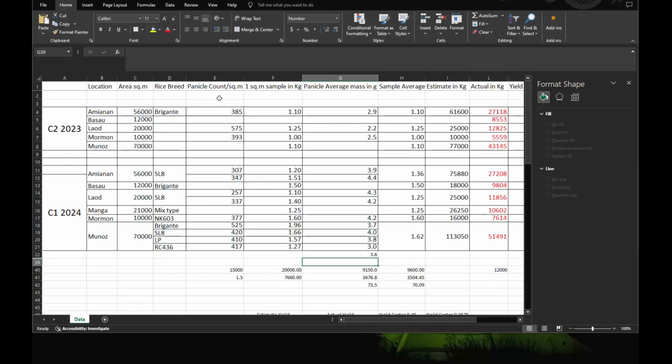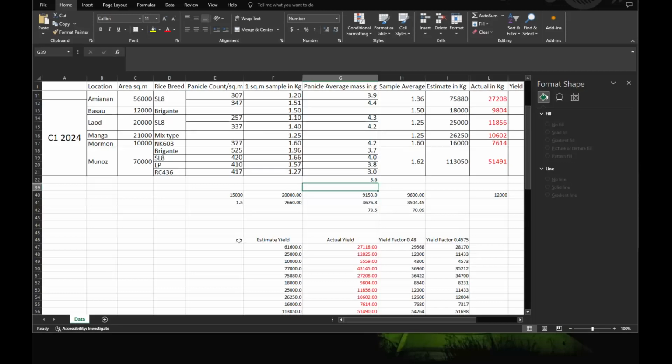Like this, panicle count per square meter varies. It'd be nice to know. Once I get this, I get this. So give me panicle count, sample in square meter, and this. I can do the rest. It's really easy.